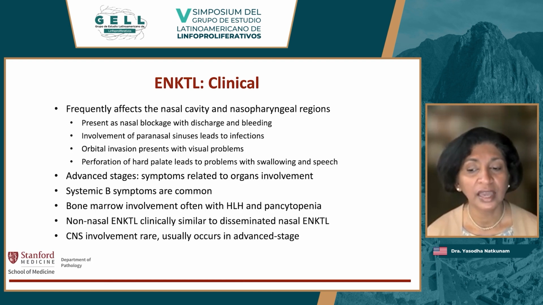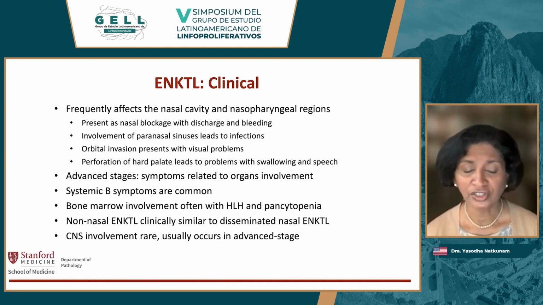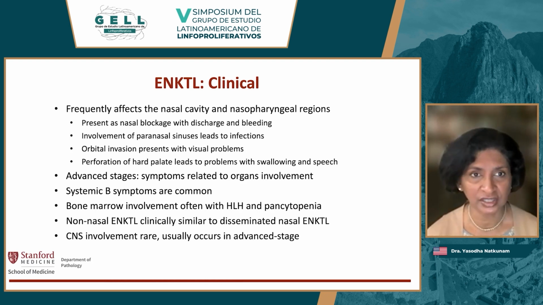So these are, again, other manifestations of the disease if people present with the disseminated form. In non-nasal extranodal NK T-cell lymphomas, it is clinically similar in that this can disseminate, but usually it doesn't begin in the nasal cavity. CNS involvement, central nervous system involvement, is rare and usually only occurs in advanced stage disease.